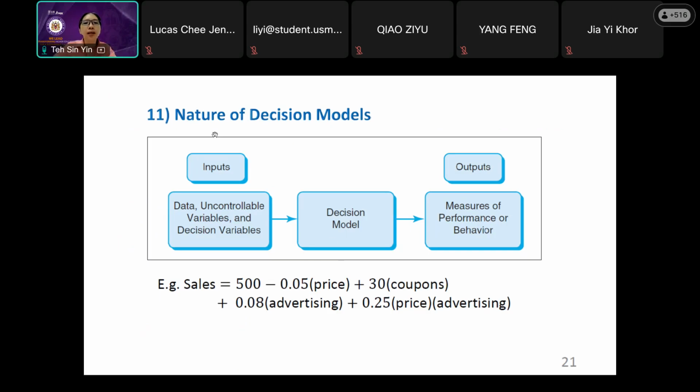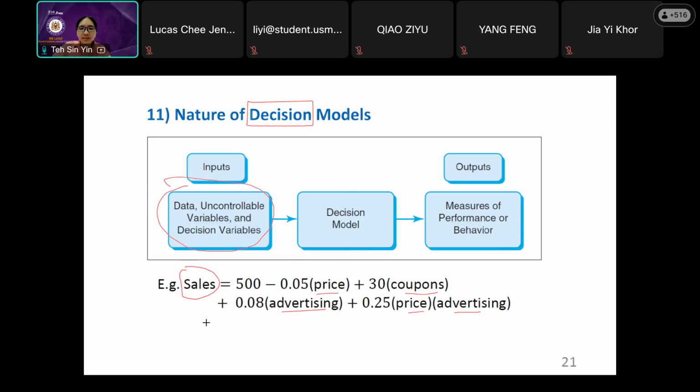Thank you. Okay, so nature of decision model. Now we call this a decision model. Why do we call it a decision model? Because you have these decisions that you want to make. The sales is your decision here. So you need to have input variables: price, coupon, advertising, the relationship between the price and advertising, they are your input variables.